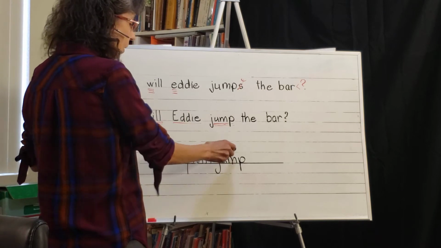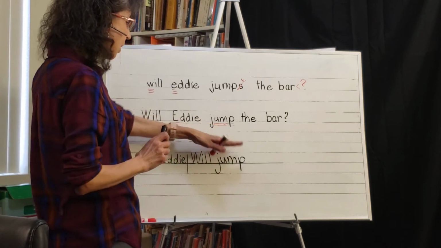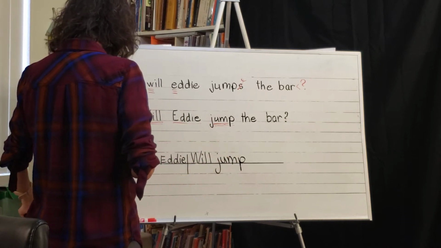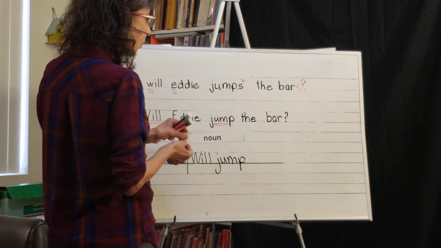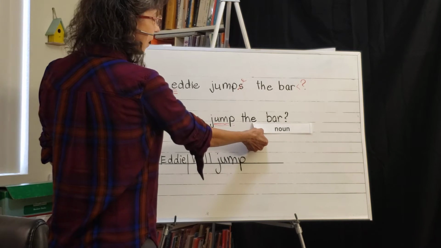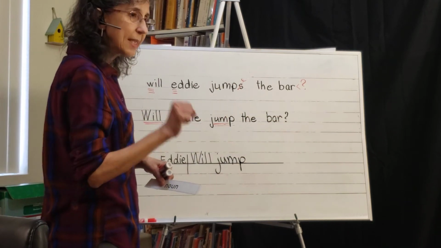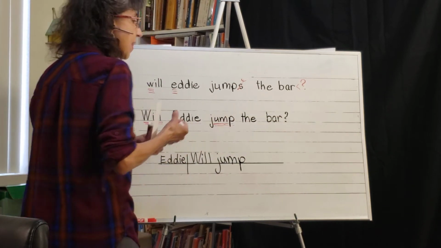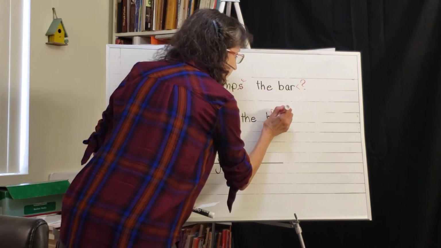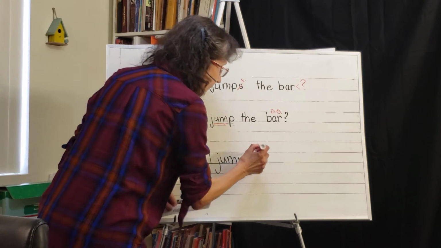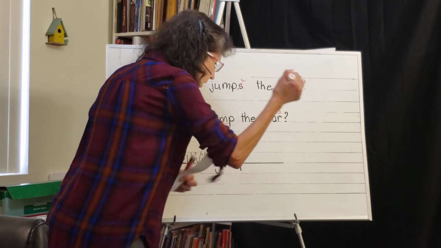Well, what will Eddie jump? What answers what? A noun or a pronoun. And we have a noun right here. A bar is something I can hold. It's a thing, right? Person, place, or thing. It's a thing. And that happens to be something called our direct object. It's what he will jump. So we're going to put it right here.